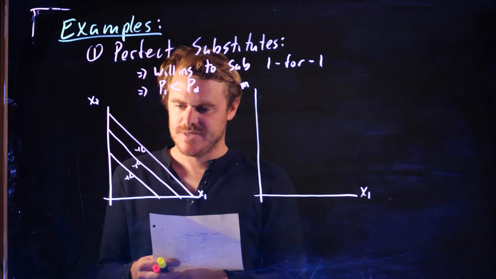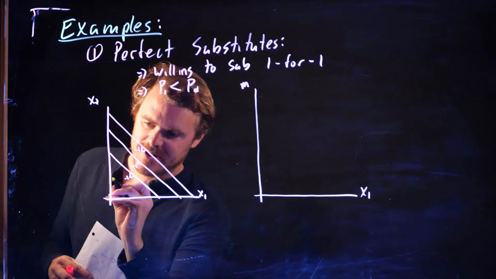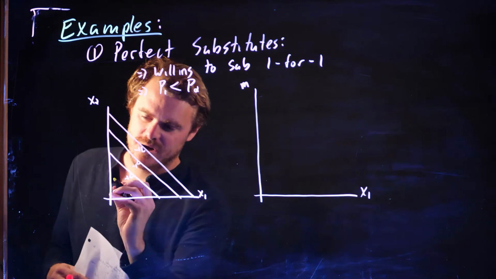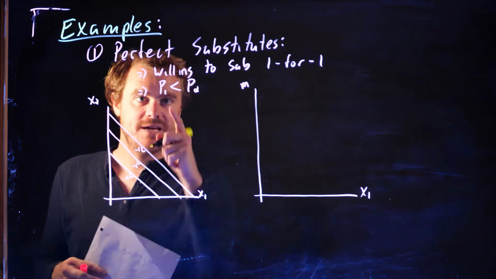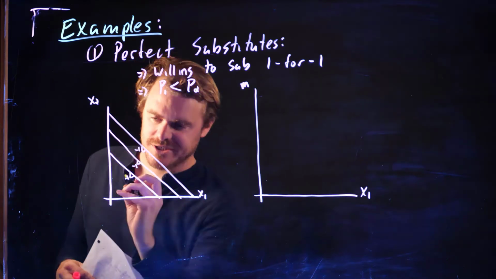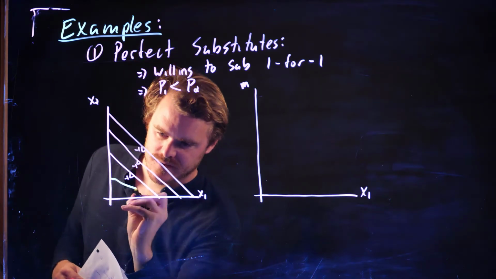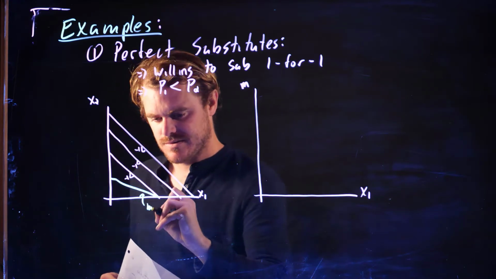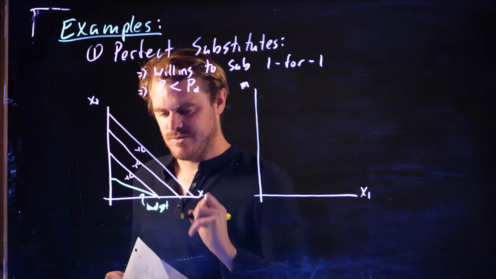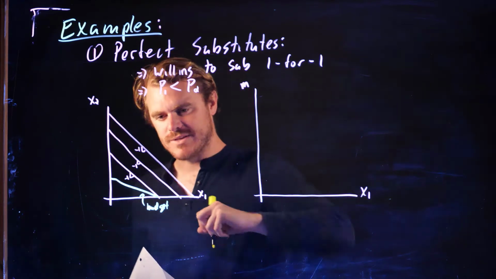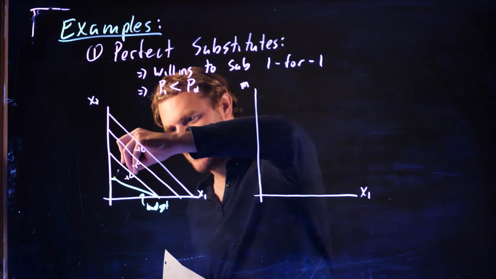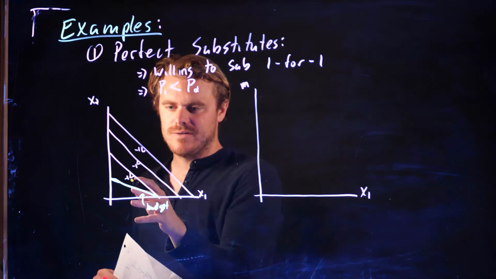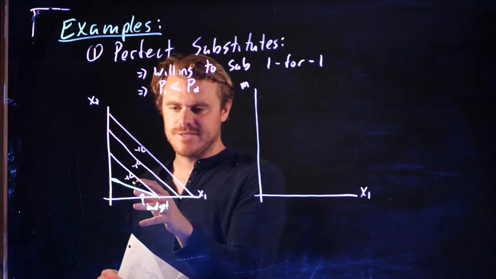Because the price of good 1 is less than the price of good 2, the budget constraints, in yellow if that comes out a different color for you like it does for me, are straight lines. They're going to be flatter than these indifference curves.